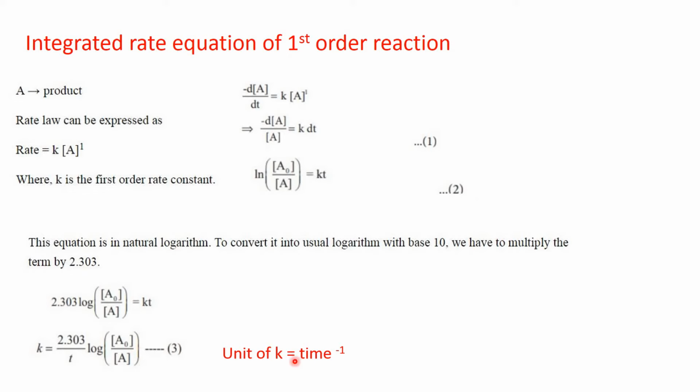Now, what will be the unit of k for a first order reaction? Look here, in this case there is molar concentration here and molar concentration here. They will cancel, so there will be no unit. You only have to give the unit for t. Since t is in the denominator, it will be time inverse.